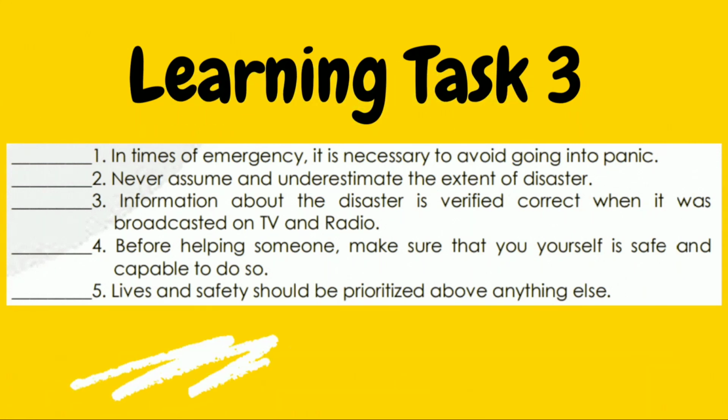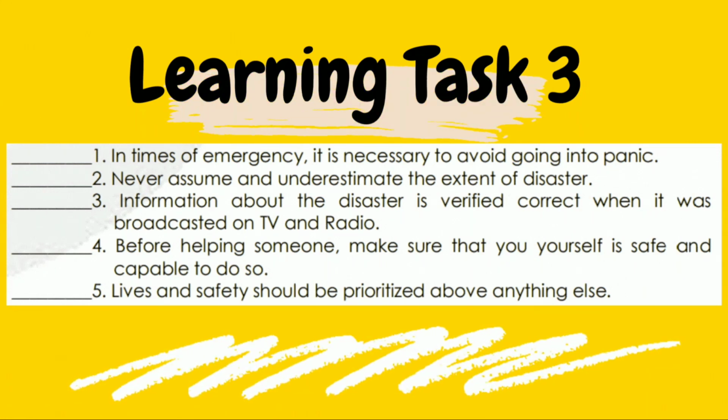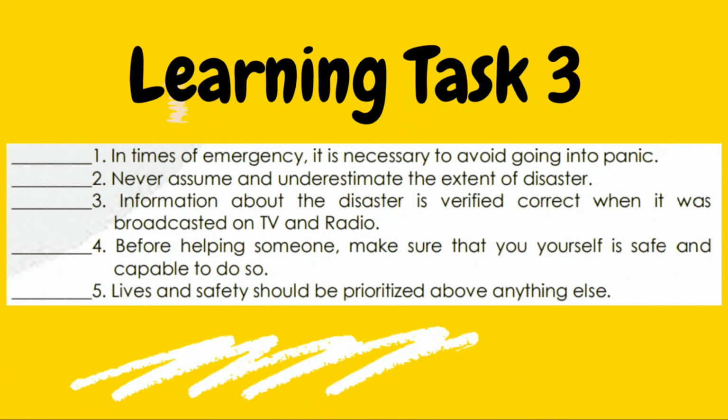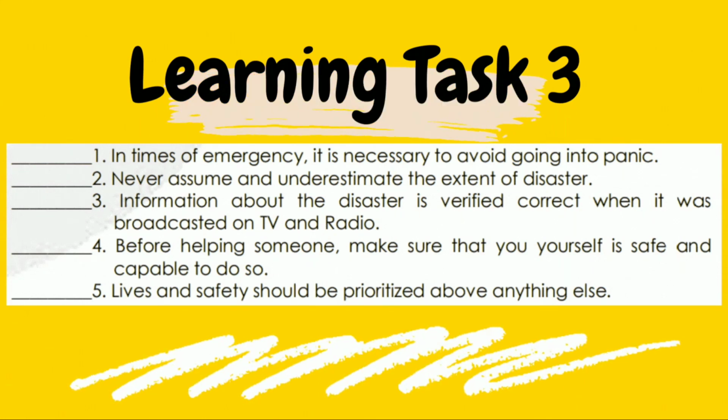Never assume and underestimate the extent of disaster. Number 3. Information about the disaster is verified correct when it was broadcasted on TV and radio. Number 4. Before helping someone, make sure that you yourself are safe and capable to do so. And number 5. Lives and safety should be prioritized above anything else.